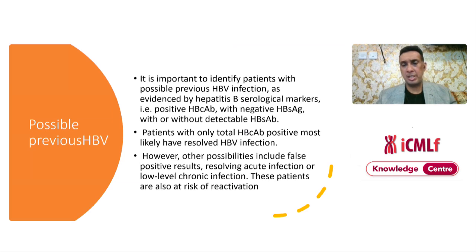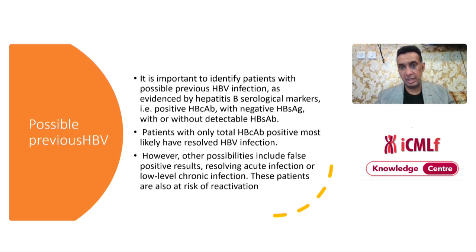It is important to identify patients with possible previous hepatitis B virus infection, as evidenced by hepatitis B serological markers. For example, positive hepatitis B core antibody with a negative hepatitis B surface antigen, with or without detectable hepatitis B surface antibody.